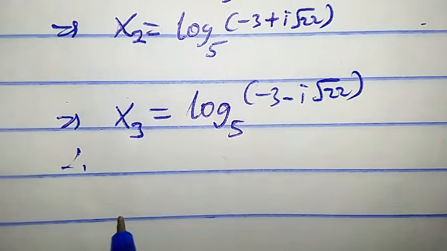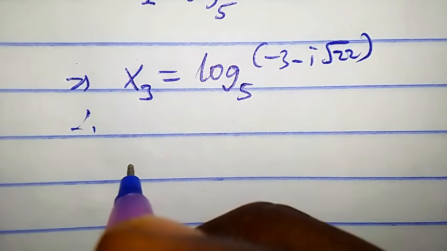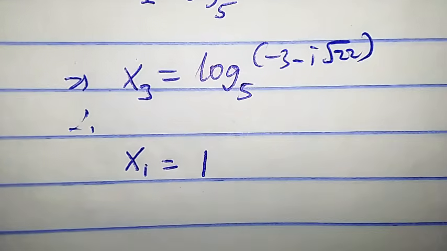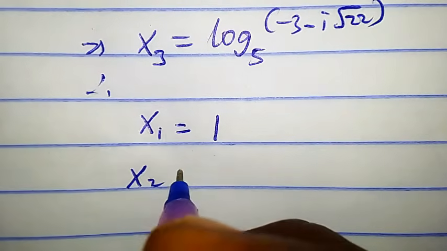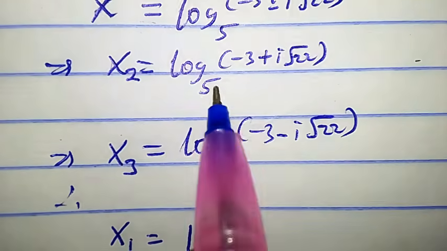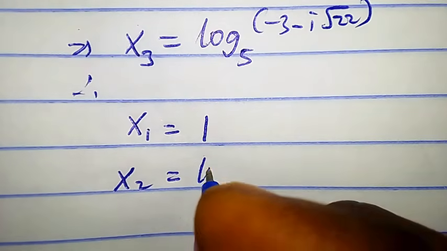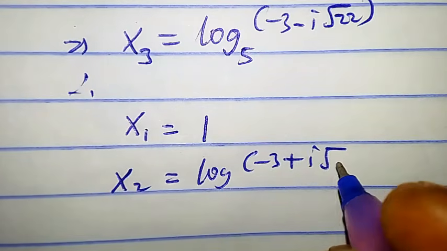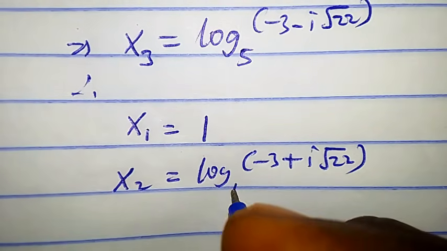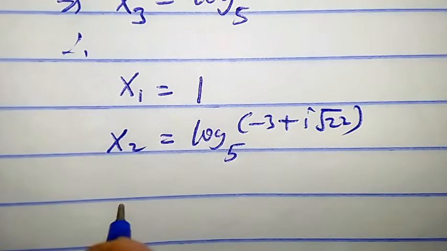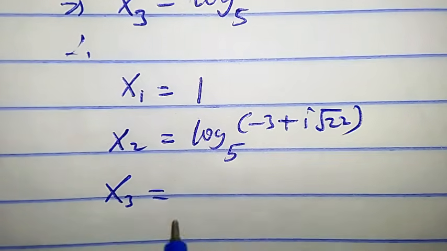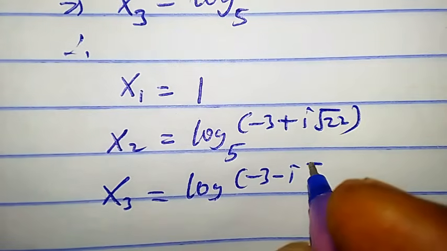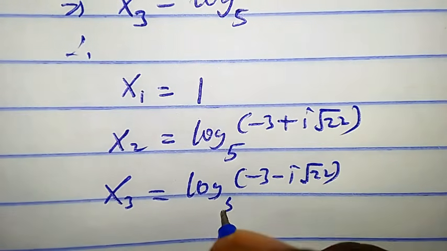Therefore, all the solutions that we have for these exponential equations are, the first one is x1 equal to 1, x2 equal to this guy, log of minus 3 plus i times square root of 22 base 5, and the third solution x3 equal to log of minus 3 minus i times square root of 22 base 5.